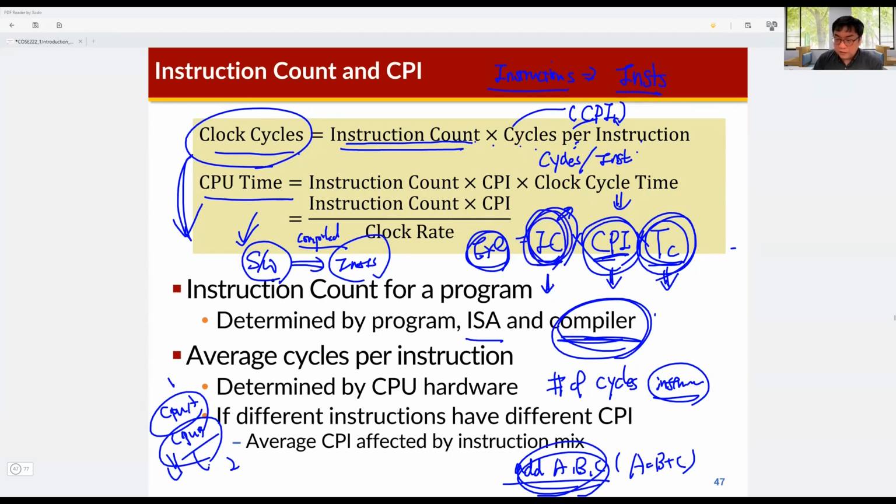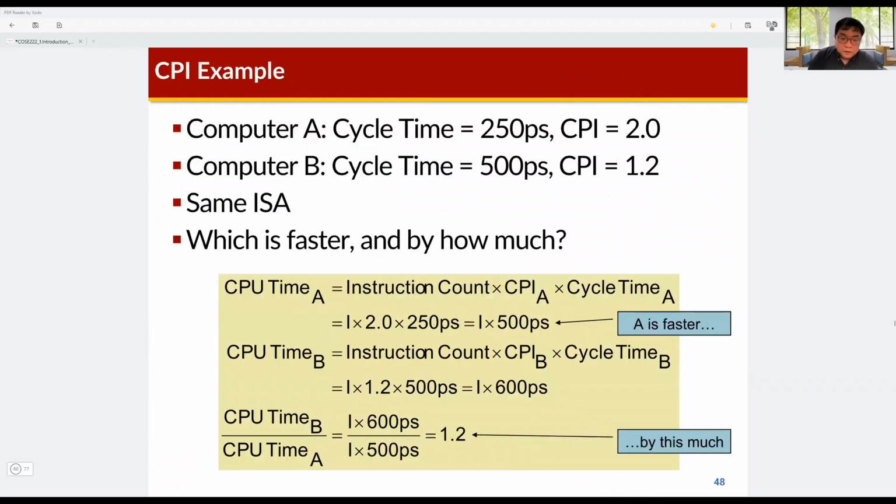So usually the instruction count is the software part, CPI is the hardware part, especially architecture, and clock period is the hardware part or implementation.